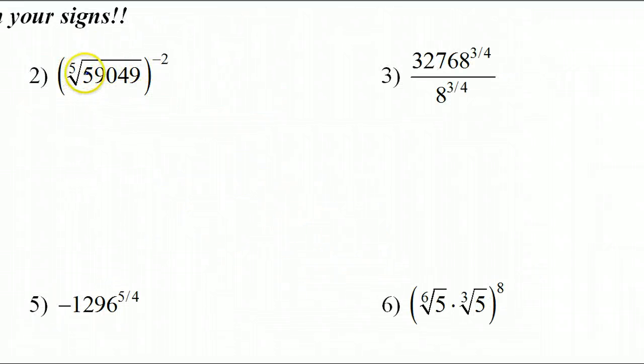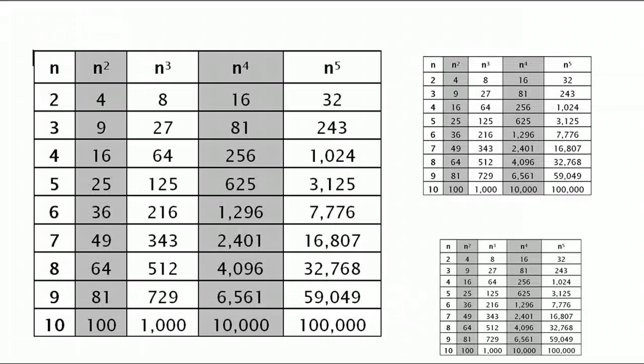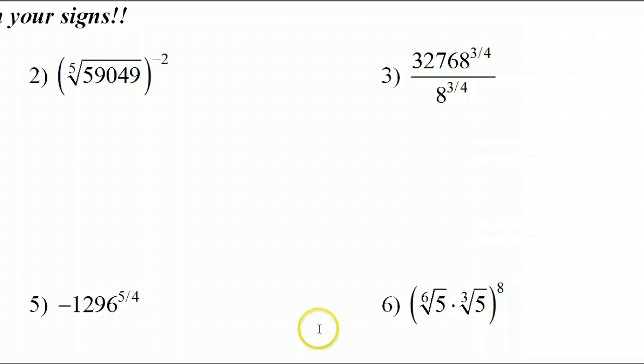Alright, number 2 is already in radical form. Let's see if 59,049 is a perfect 5th power. Okay, so the 5th root of 59,049 is 9. So that means inside of the parentheses here, I simply have 9. 9 to the negative 2 power.